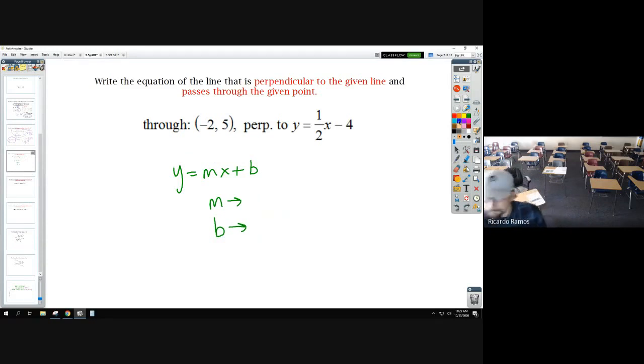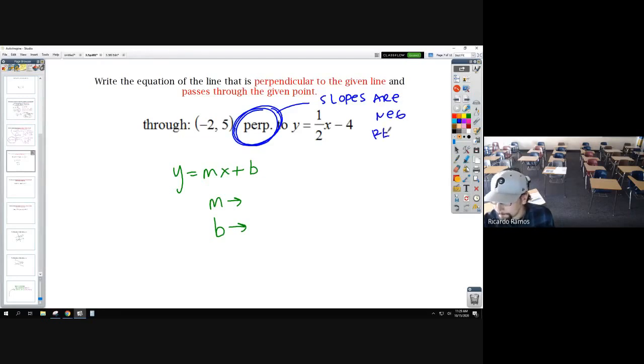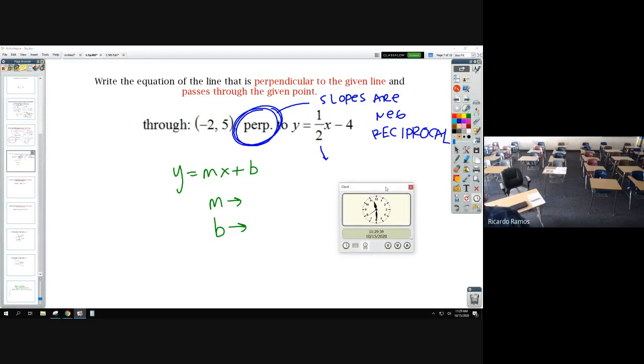Let me highlight, again, paying close attention. We're dealing with perpendicular lines, and their slopes are the negative reciprocal of each other. Okay, see the slope here? I'll let you try it.